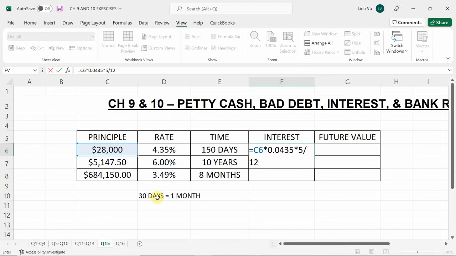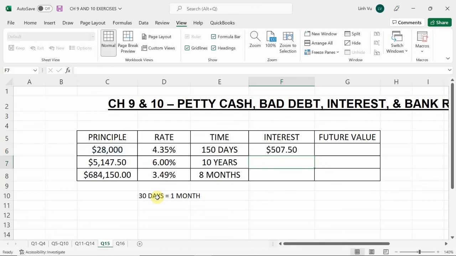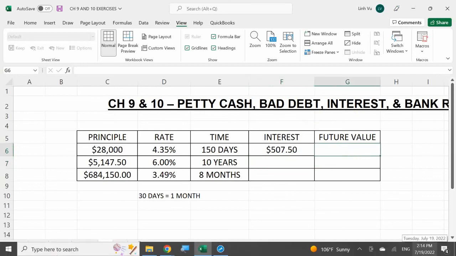Because this is 5 months out of the year. The rate is an annual percentage, so you need to convert time into an annual time rate as well. So in this case, 5 over 12 will give you $507.50.